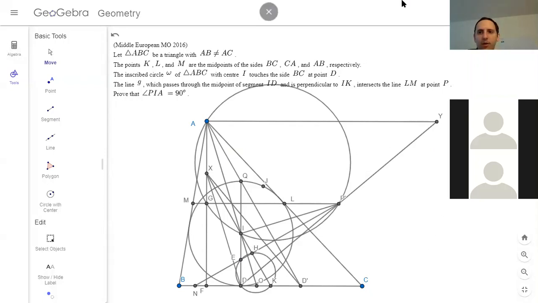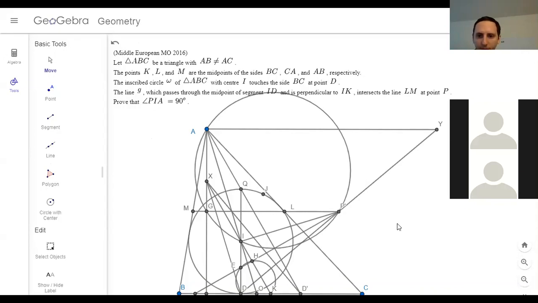EP' is the midline in triangle DIY. Oh yeah, that's true.